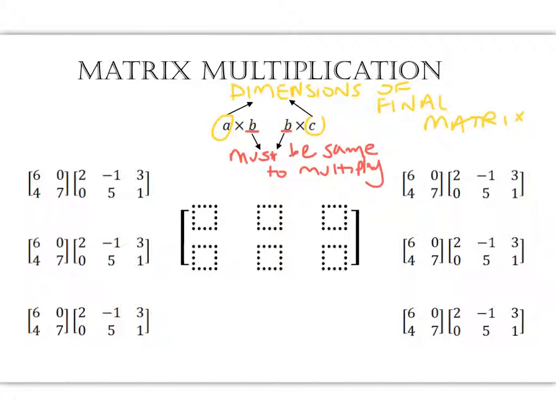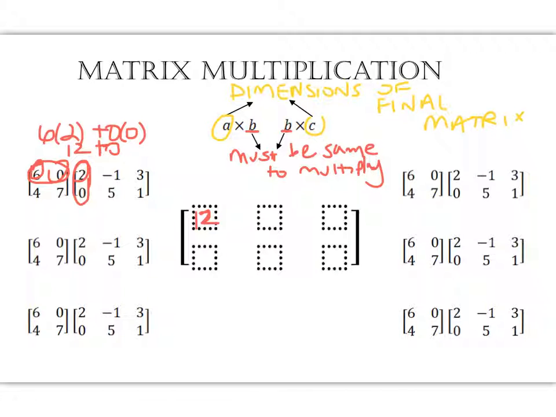So what we're going to do is when we multiply, you take, in this case, the first row, and we're going to multiply each element to the first column. So we're going to do 6, that's the first element, times 2, that's the first element in the second matrix, and we're going to add 0 times 0. Well, 6 times 2 is 12, plus 0 is 12. So that goes in my first spot, 12.